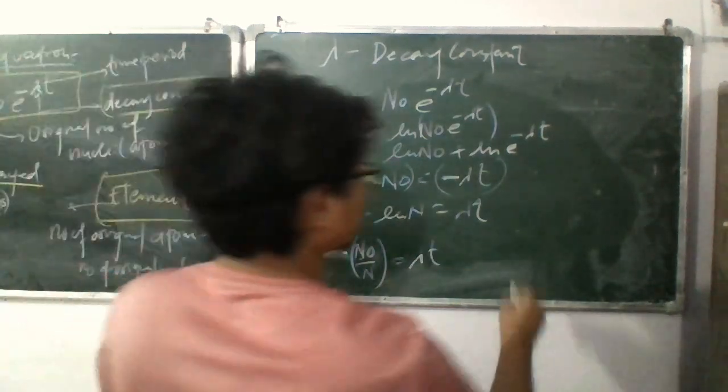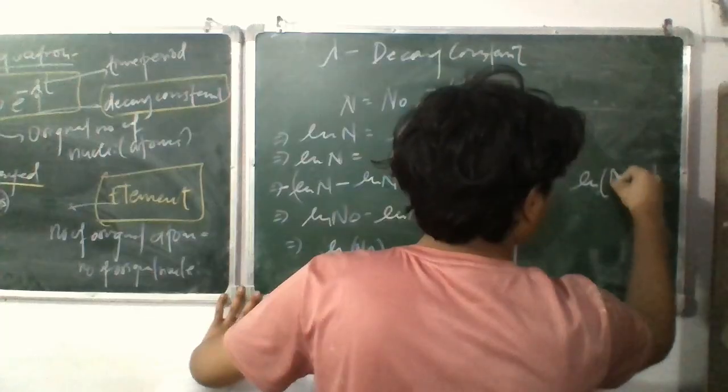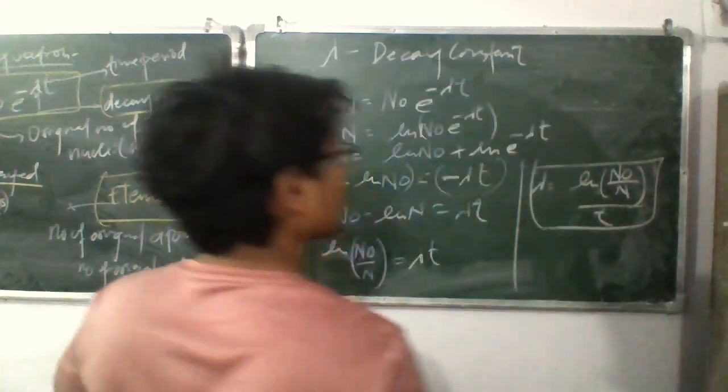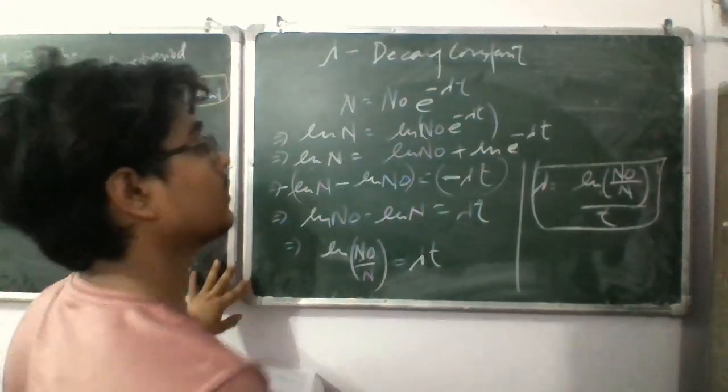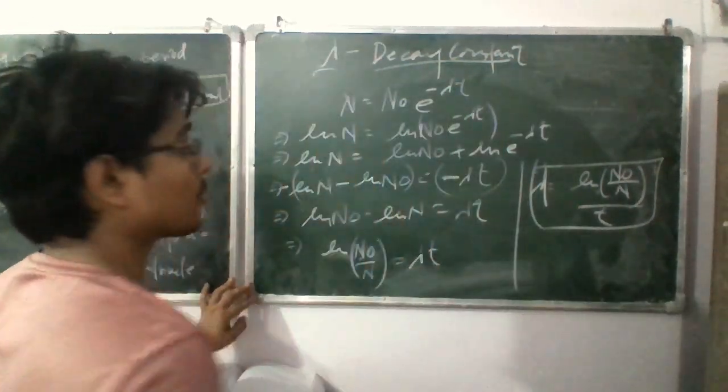Again, if I want to get the value of lambda, then I can get it to be ln of N naught by N, divided by t.